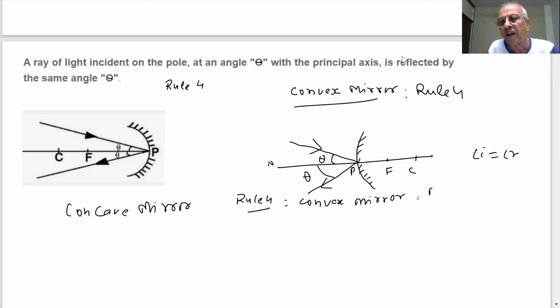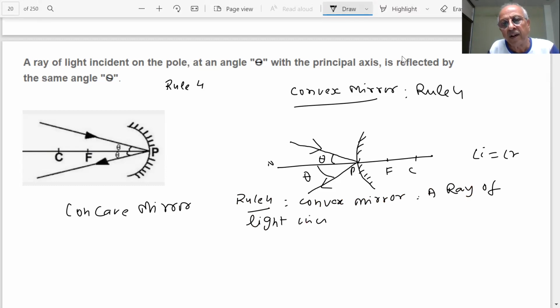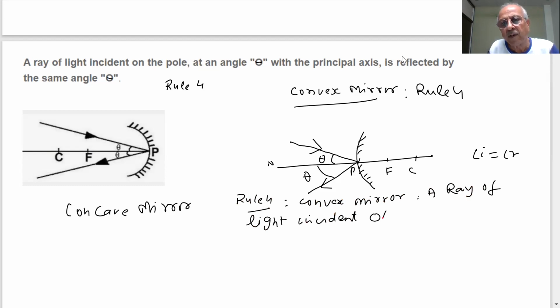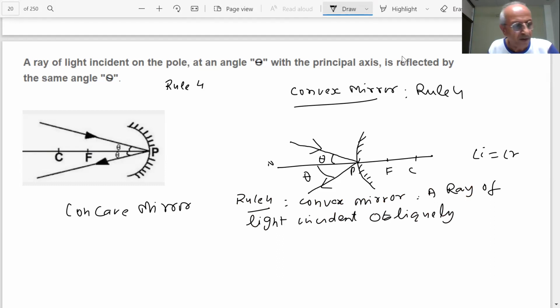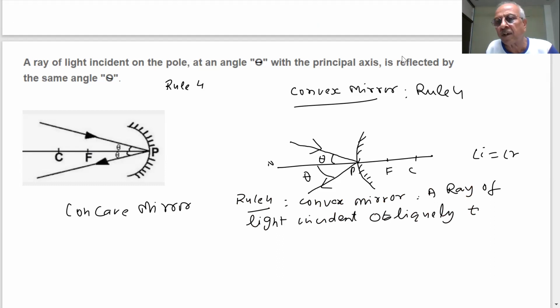I'm saying a ray of light incident obliquely to the principal axis, means it is falling on the pole.